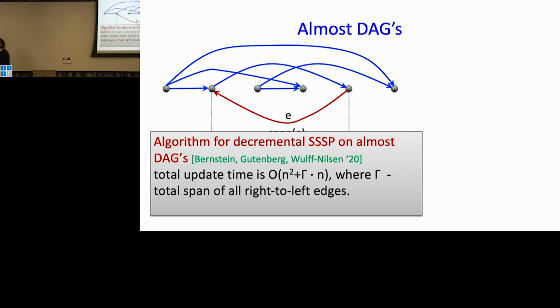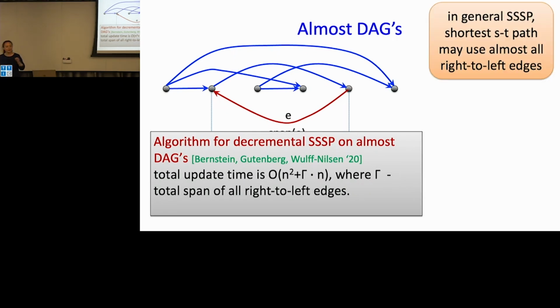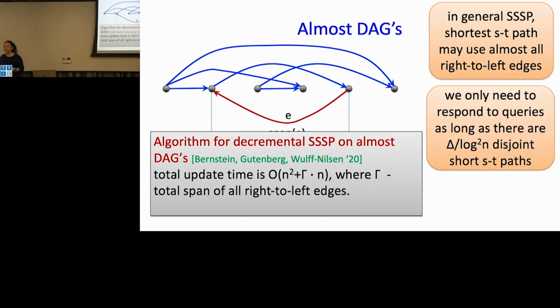Now, if we look at the general single-source shortest path problem, even if all the queries are just between S and T, it's possible that the shortest ST paths, or even all shortest ST paths, contain a lot of these right-to-left edges, maybe all of them. But in our case, we only need to respond to queries as long as there are a lot of short, disjoint ST paths.